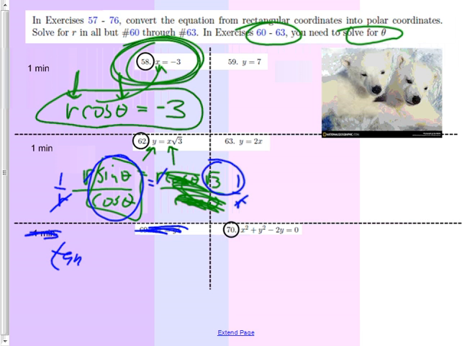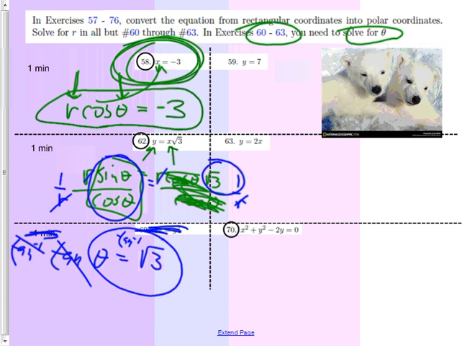So tangent of theta, yes, graphing does work, but you could graph both sides and see where they cross. But if you're just trying to get theta alone, what gets rid of tangent? Yes, sir. Inverse tangent. Inverse tan on both sides, and inverse tan cancels tan. Theta is equal to inverse tan of root 3.